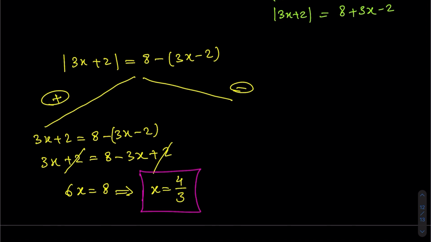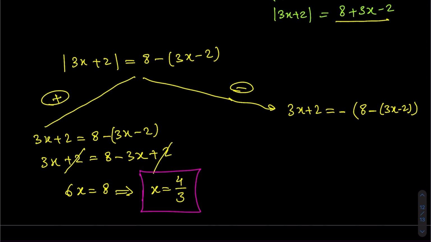So what if the possible value is negative? I will write it here, and that will be 3x plus 2 is equal to, because it comes out of the absolute value, minus 8 minus 3x minus 2, the whole, negative.